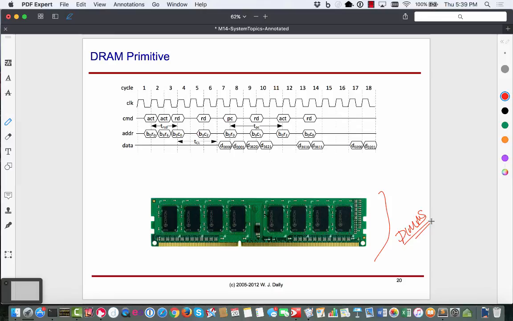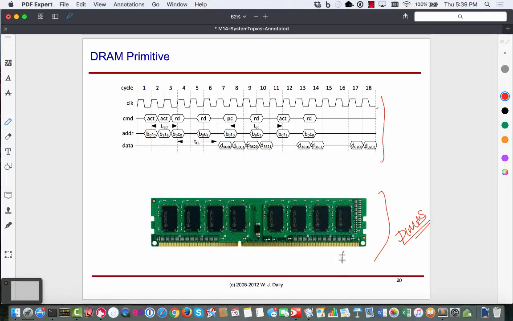So you have to go through an act of refreshing them. There's a particular operation that you have to apply, and that takes time away. If you read a DRAM, then it automatically refreshes it. But if you are not, somehow you have to arrange that every location in the DRAM is refreshed at a sufficiently fast rate, otherwise the data is lost.